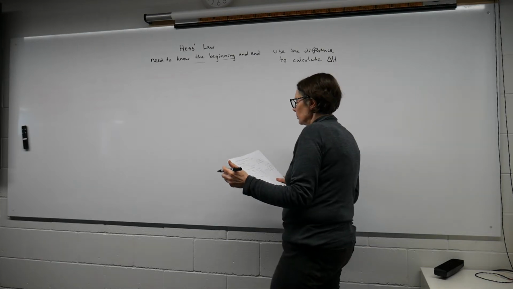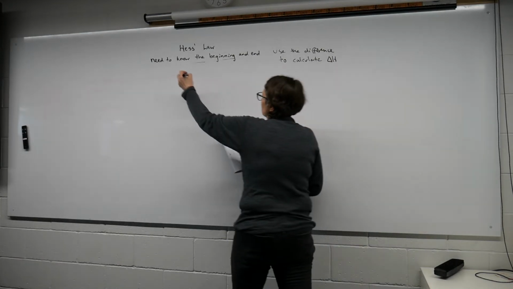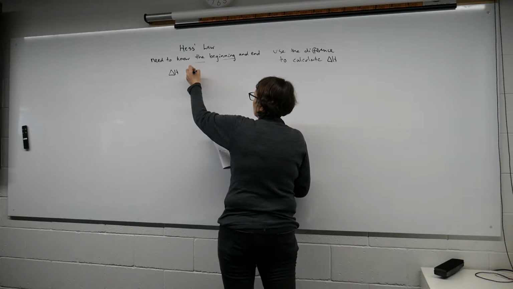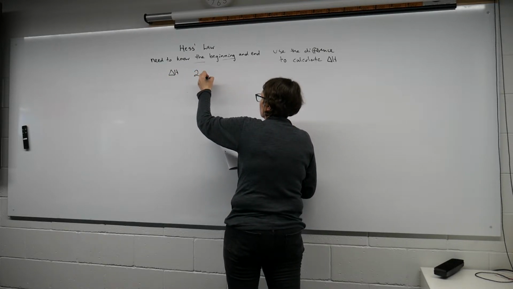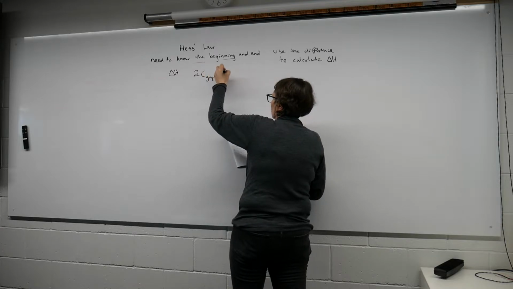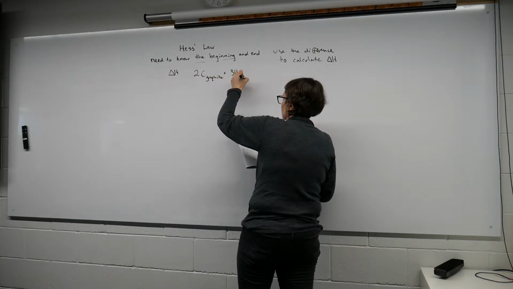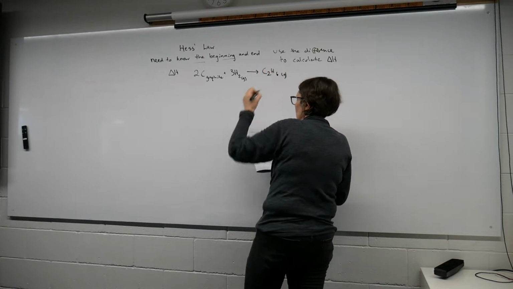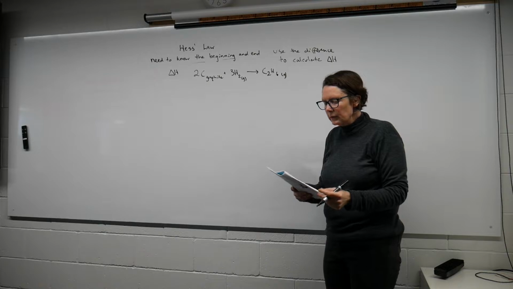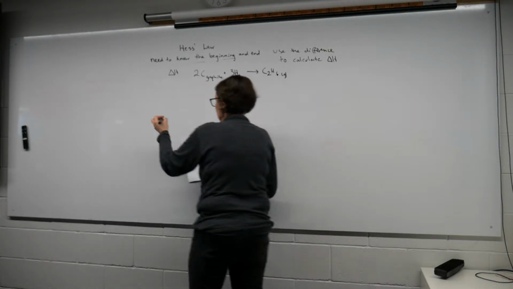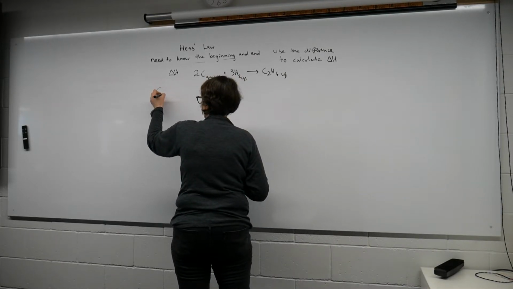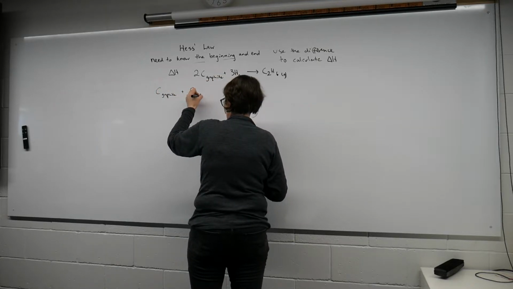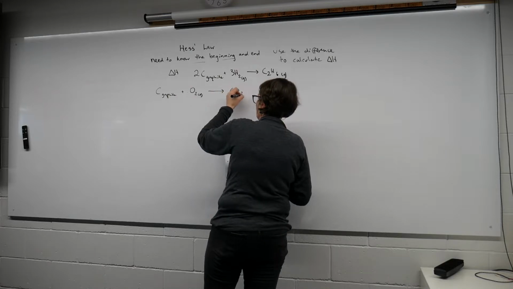Our first example is the delta H, change in enthalpy for the formation of ethane. So we've got 2 carbons as graphite, plus 3 hydrogen gases, giving us ethane. And we're given the following equations. So we've got C as graphite plus oxygen, giving us carbon dioxide.